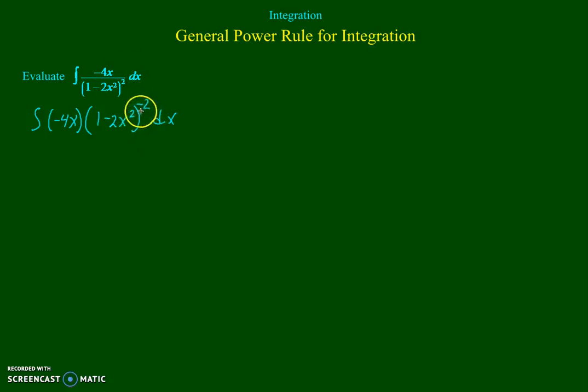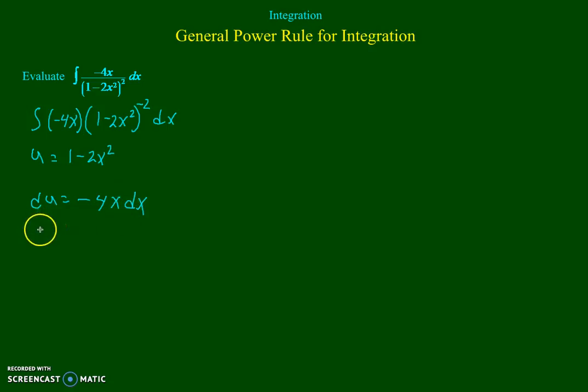And remember, our restriction was that we couldn't take the antiderivatives with a negative 1 exponent, but we can do fine with a negative 2. That's not a problem. So now our u becomes 1 minus 2x squared, and our du then is negative 4x dx.